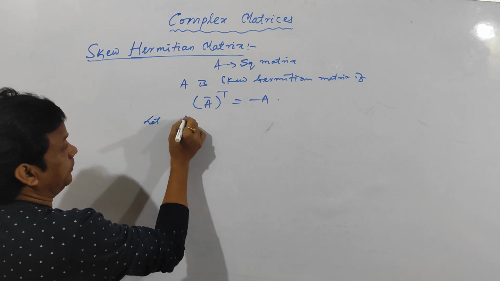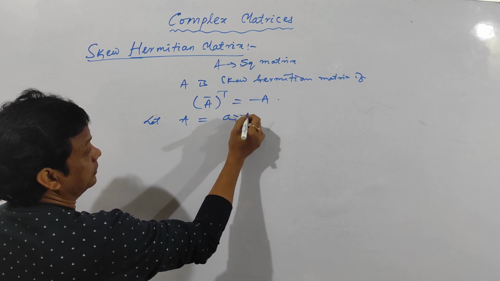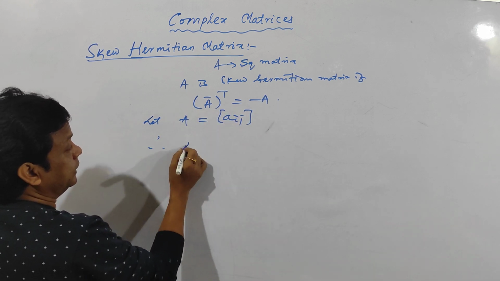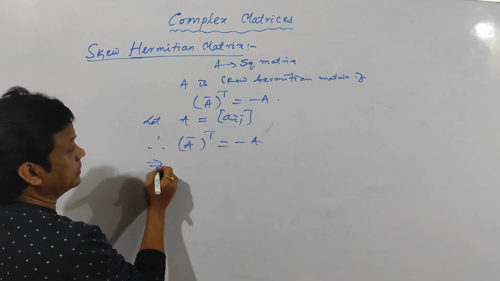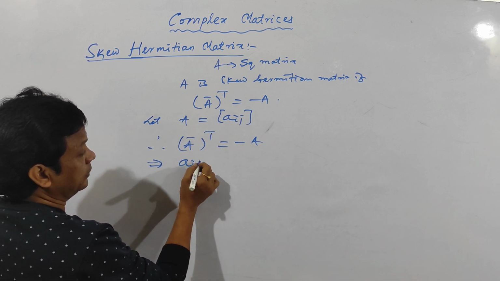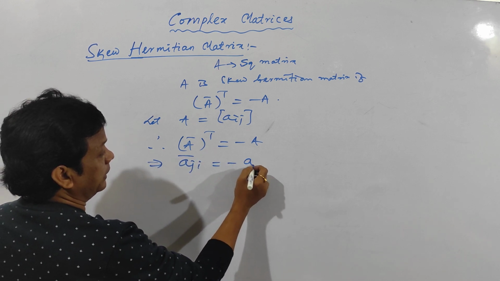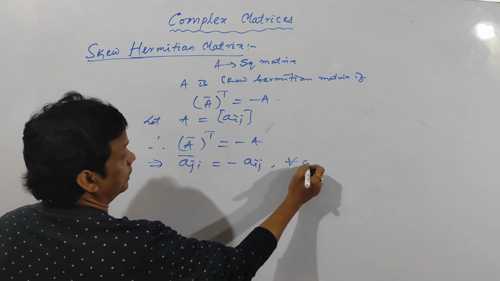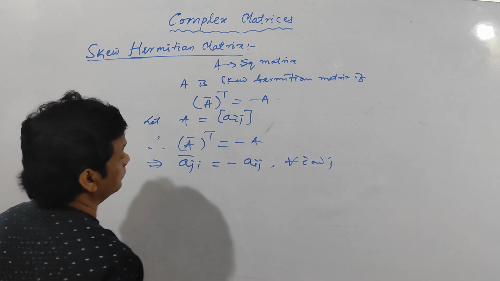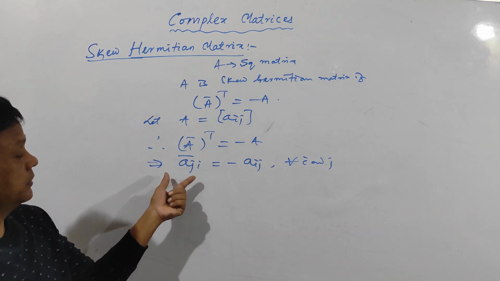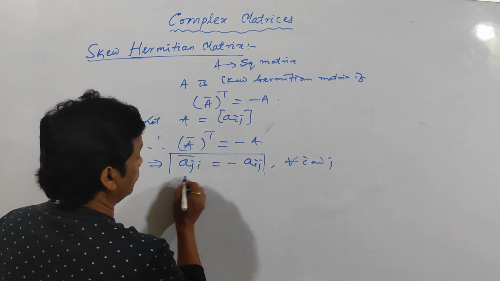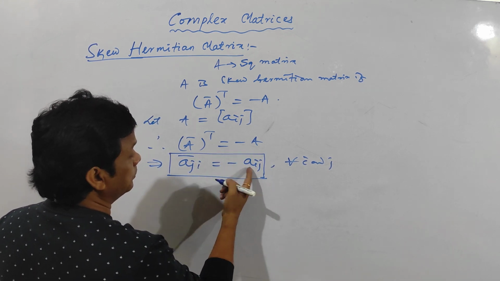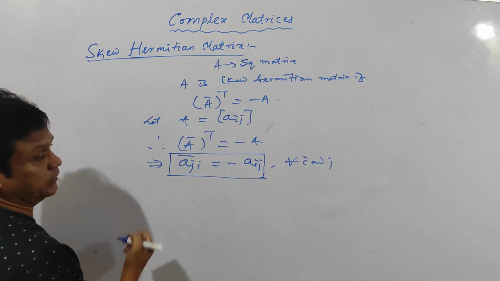Clear? Now, let A be equal to [Aij]. Therefore, A bar transpose is equal to minus A implies Aji bar is equal to minus Aij for all i and j. That means Aij and Aji are conjugate, but with a negative sign.